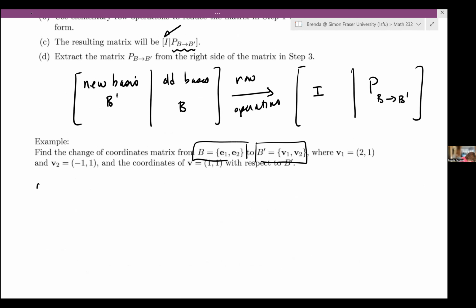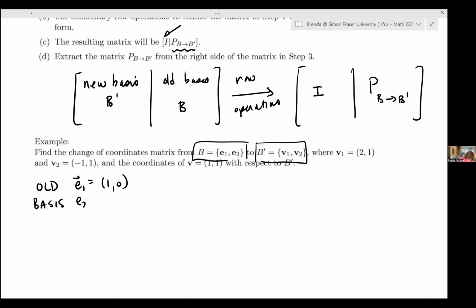So our original basis vectors are E1, which is (1, 0), and E2, which is (0, 1). Our new basis that we want to go to, we've been given in the problem: V1, which is (2, 1), and V2, which is (-1, 1).